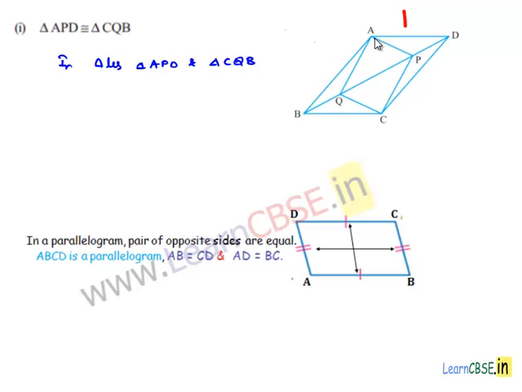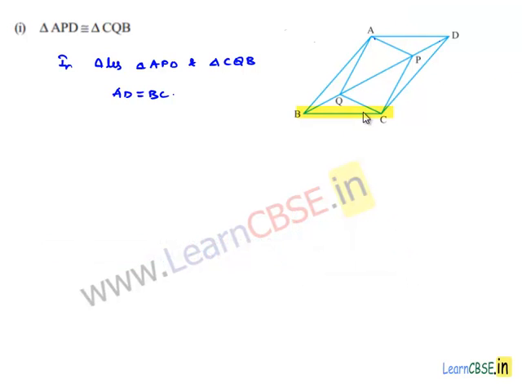In this, AD is equal to BC, as we know that ABCD is a parallelogram, opposite sides will be parallel and equal. And next thing, let us consider that AD is parallel to BC and BD as diagonal.